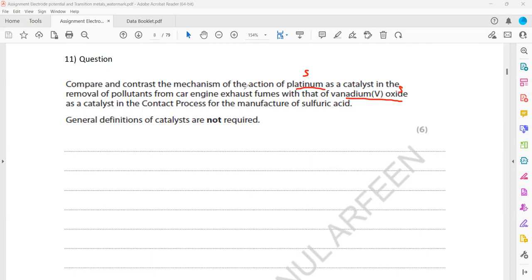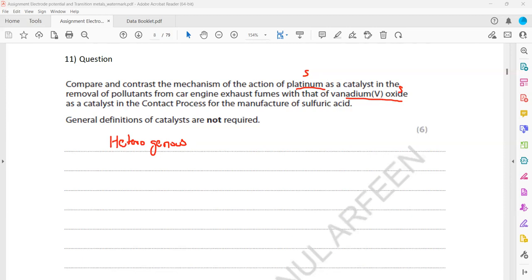Same as in the contact process, sulfur dioxide and oxygen are both gases. So in both cases, the catalysts are heterogeneous catalysts, meaning the state of the catalyst is not the same as the state of the reactant. They have different states. That is one thing.